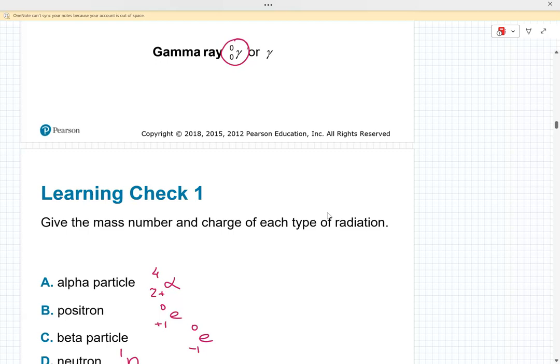Well, let's say light, electromagnetic radiation of any kind, from microwave to infrared to light to UV to gamma.